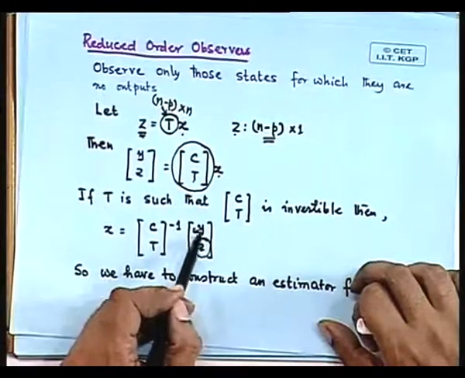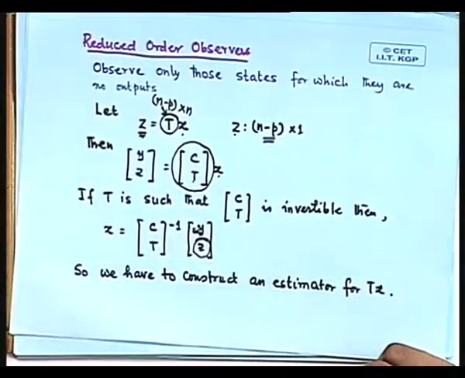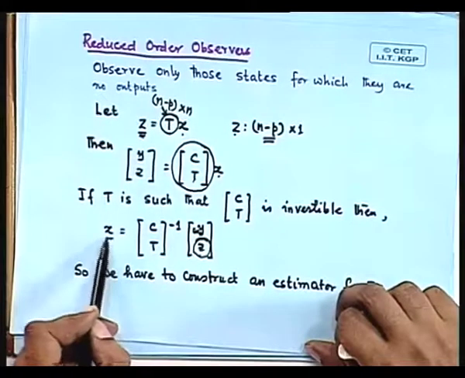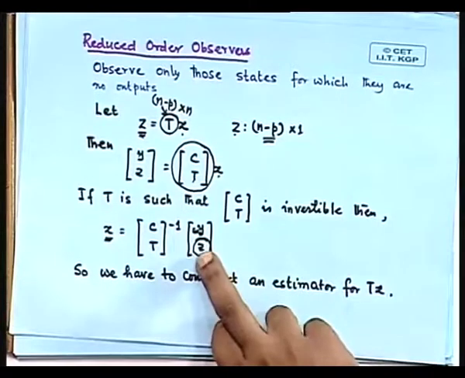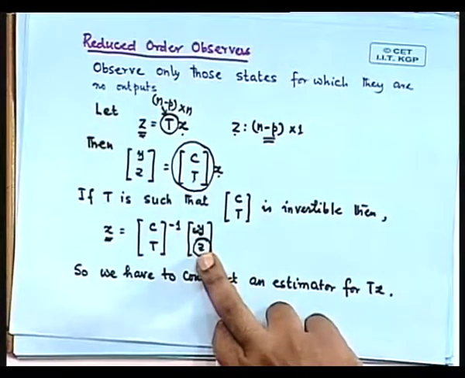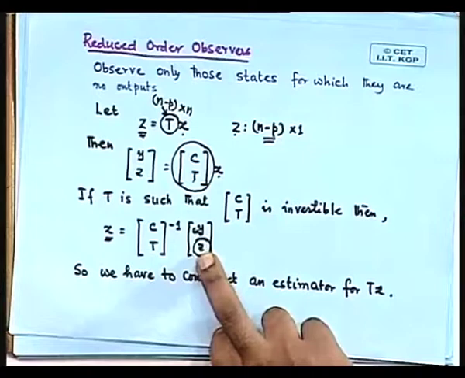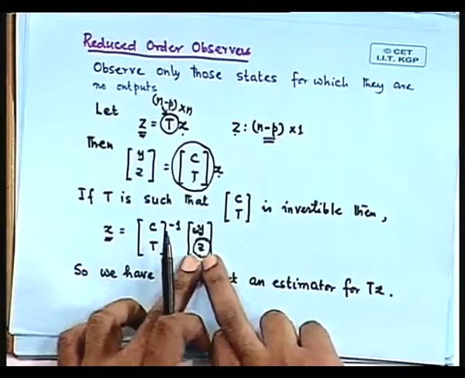You could get x. So if you can estimate this lower dimensional thing, y you already have, you do not have to do anything for that. So you estimate this lower dimensional thing and then from there you can get x. So the estimator only needs to have n minus p dimensions. So now the problem is how to construct an estimator for z.